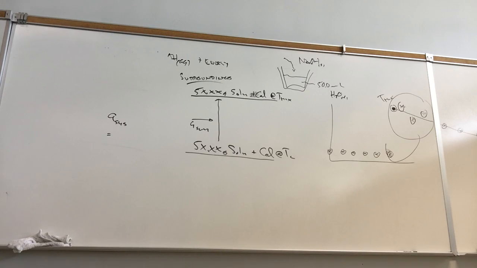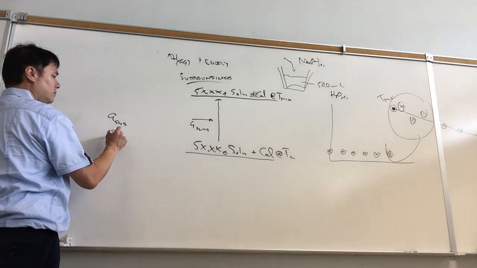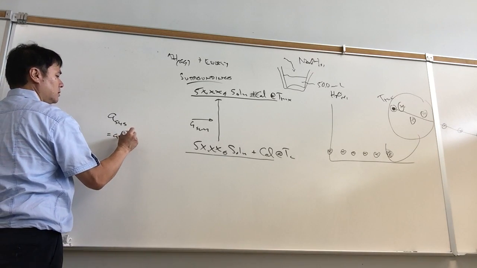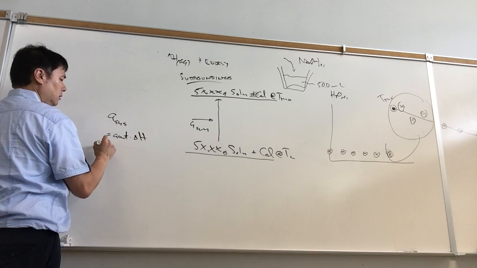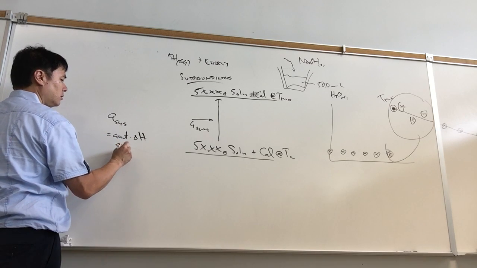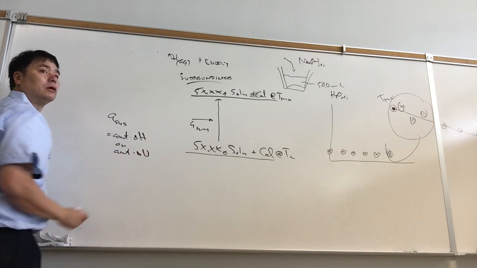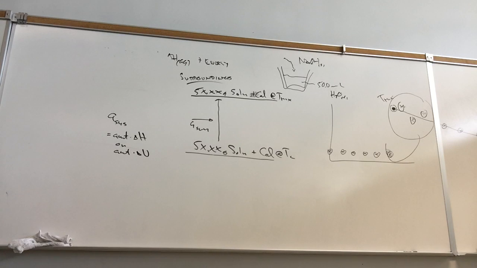Well, I introduced this early, so you have more time to memorize it. But Q of the system is equal to the amount times delta H, or the amount times delta U. Delta H is under what conditions? Constant pressure.